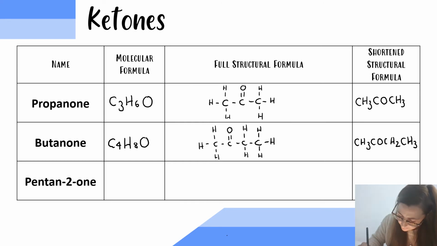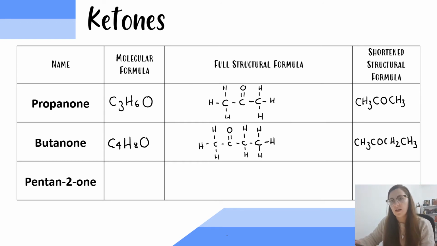Now when we get to pentanone, we could have pentan-2-one or pentan-3-one, having the carbonyl group on carbon 2 or carbon 3. So we have to specify where the carbonyl group is, and this molecule has it on carbon 2.